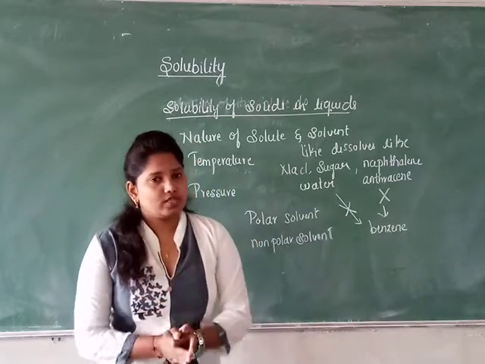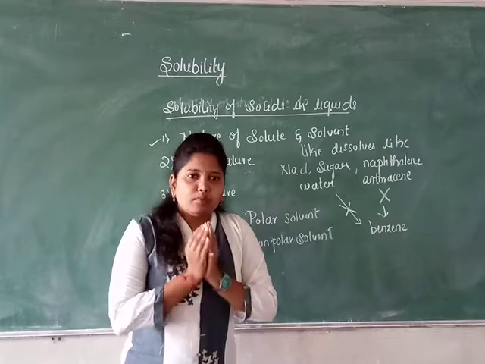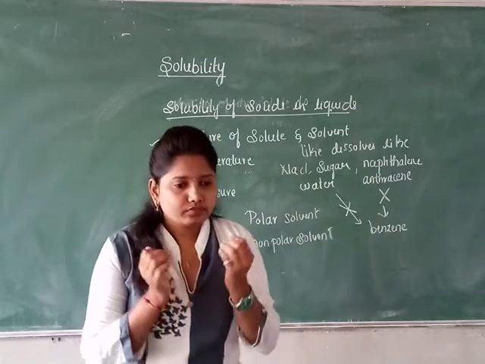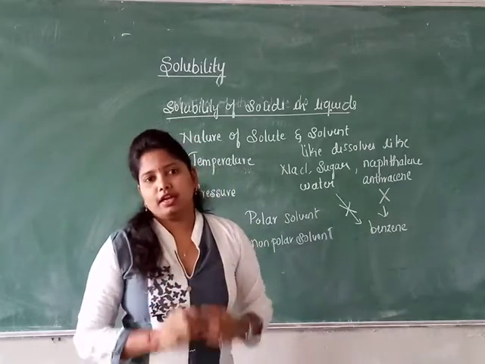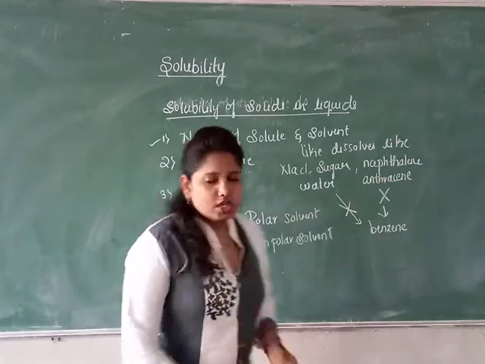Non-polar solutes always dissolve in non-polar solvents. Polar solutes always dissolve in polar solvents. That is, like dissolves like. This is about the nature of the solute and the solvent.